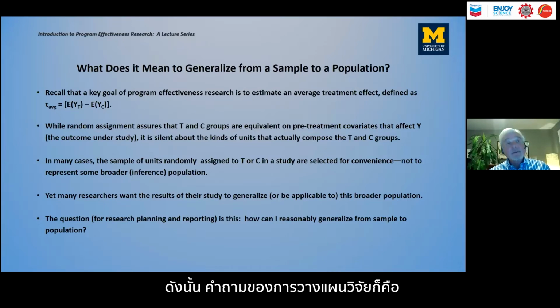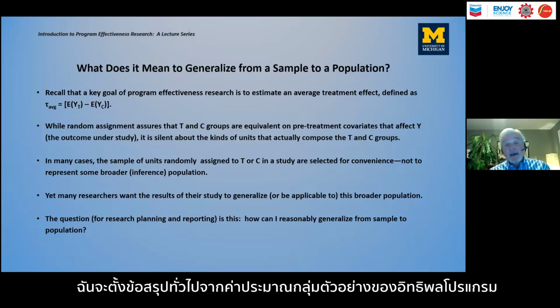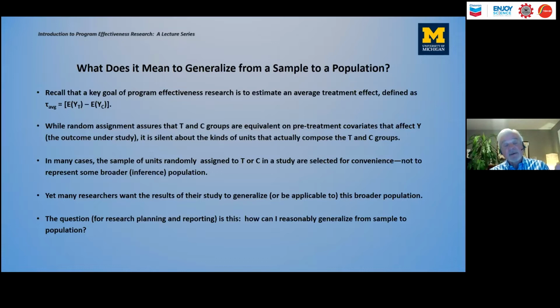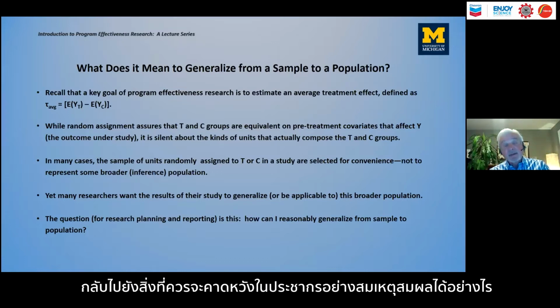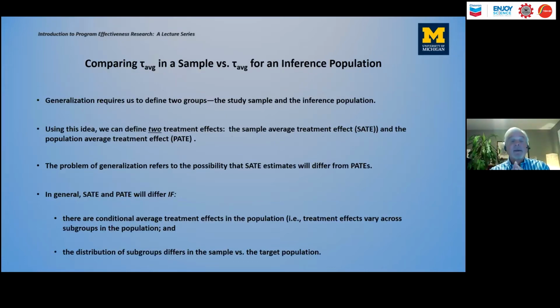So the question for research planning is, how can I reasonably generalize from the sample estimate of program effects to what could be expected in the population?